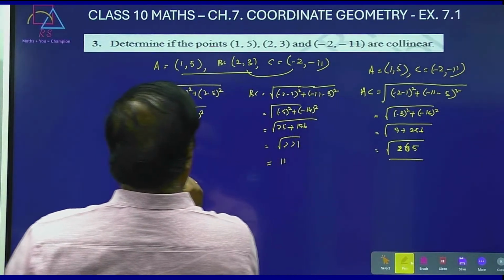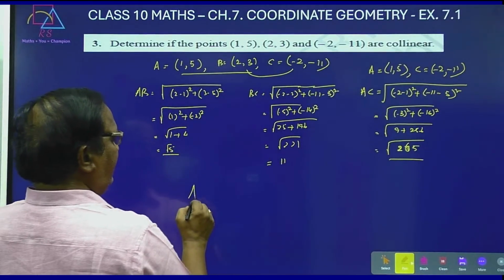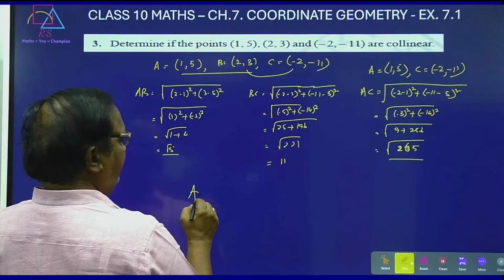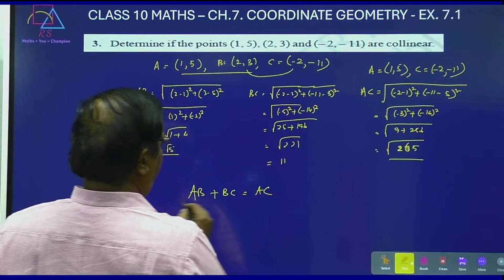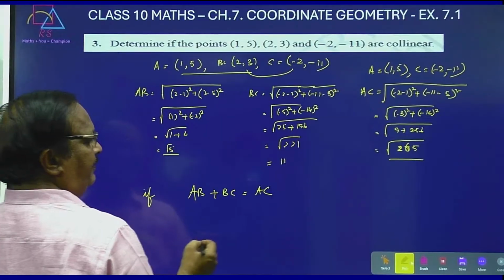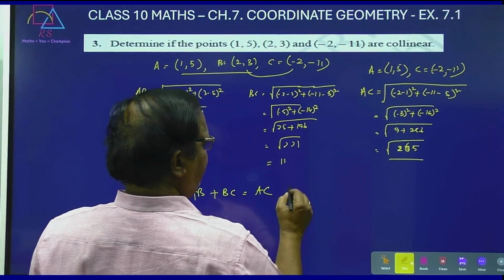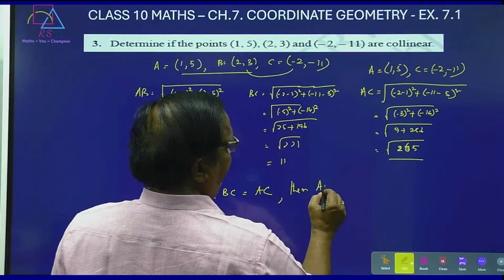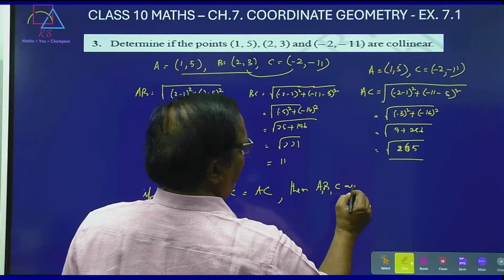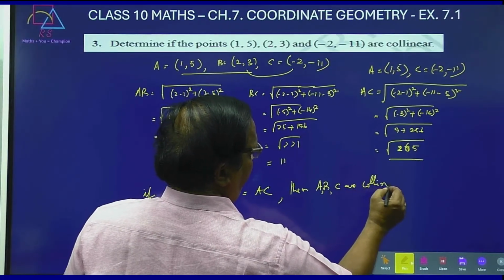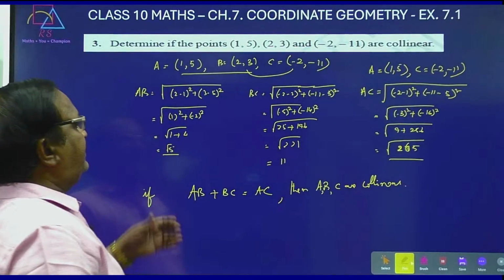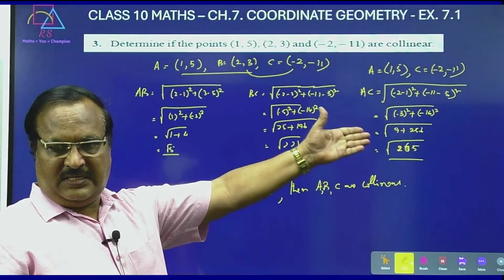Now we got all the three. If AB plus BC is equal to AC, then A, B, C are collinear. The sum of these two is equal to the third one.